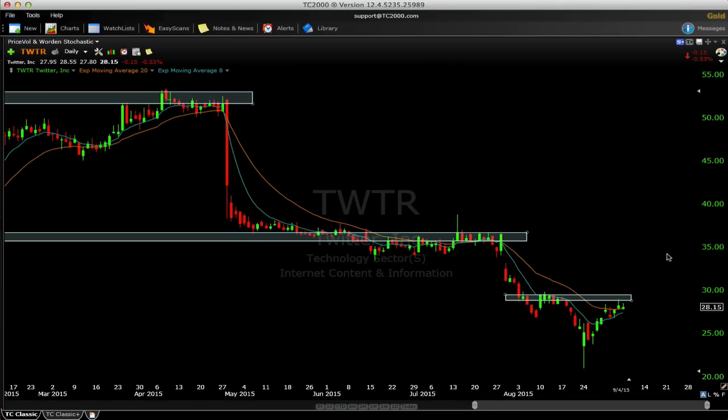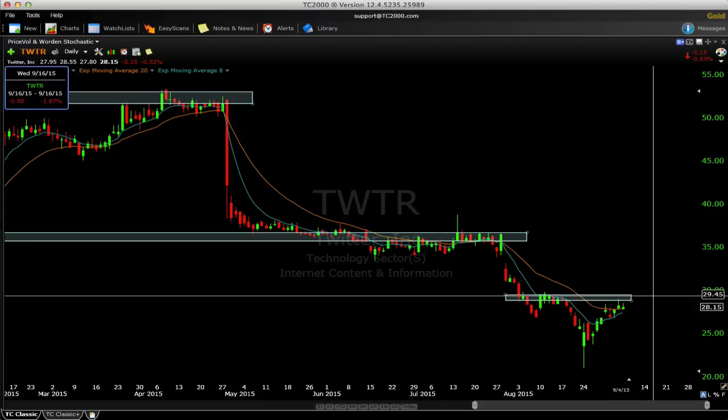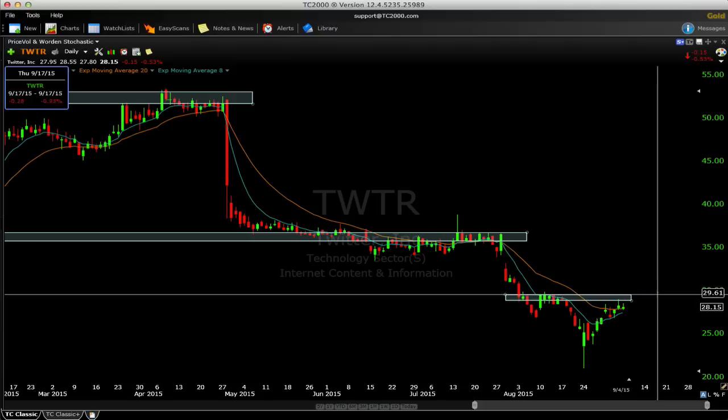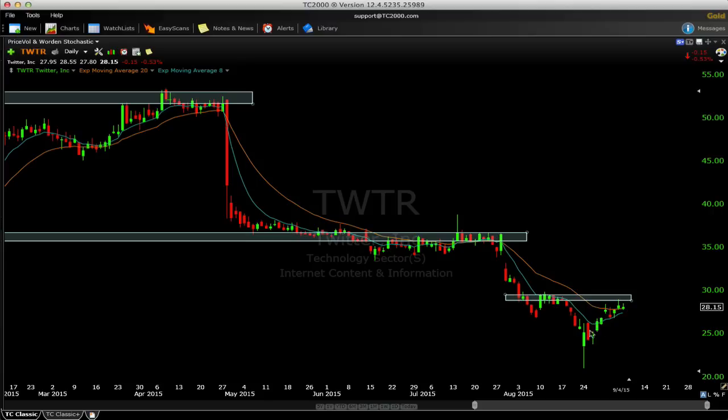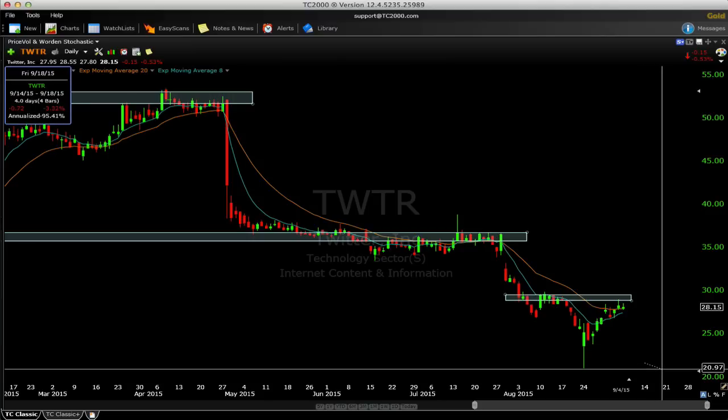Twitter, this one has been outperforming recently. This one got beaten up quite a bit, especially on this big drop here, and needs to get back above this 29.50 level. You can see the fast moving averages curling up, so trying to support price now. This is constructive, but the risk still is to the downside here. You've got to be careful that this doesn't just wash out and come back and retest these lows.